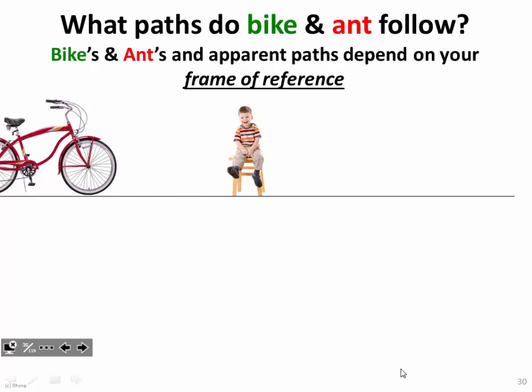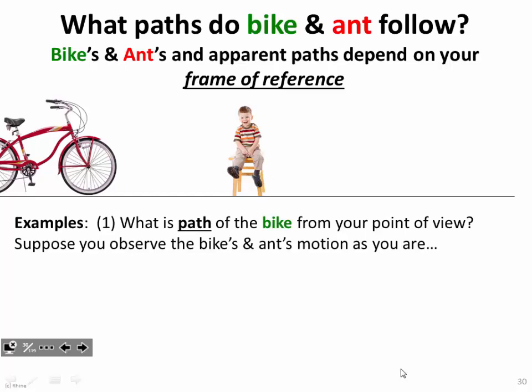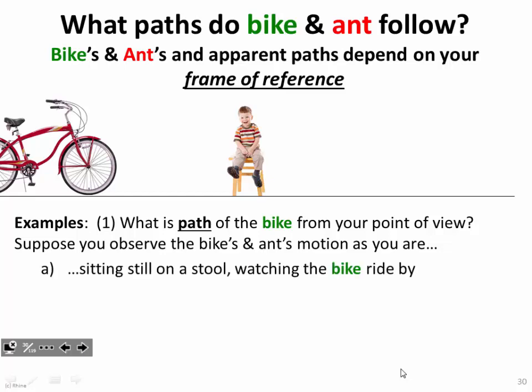Your first frame of reference is a side observer sitting on the ground watching this go by. Actually, this little kid's going to see something slightly different than you guys. Suppose you observe the ant's motion sitting on a stool watching the bike ride by. You guys are sitting on stools in the audience right now, and this kid's sitting on a stool as well, but he's going to see something slightly different.